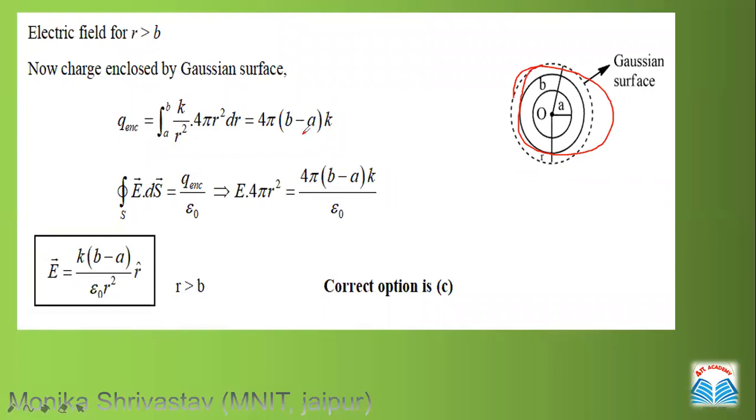So this will come as a result of b minus a, and the answer is now changed. So for r greater than b, we will have this electric field. So the correct option will be C for this question. This was a direct question, and using this process, we can solve many types of symmetries.